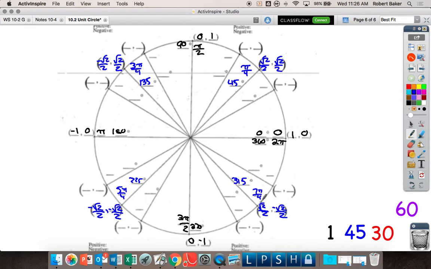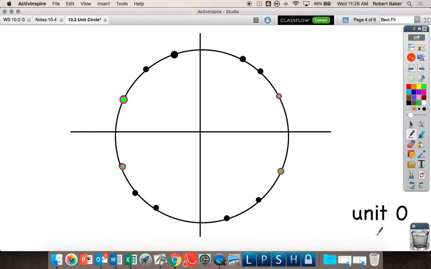Alright, I'm going to go with 30 degrees next. So 30 degrees is this small measurement from the origin to the first dot. This is a 30-degree angle. That has to be 60. You have to know what the hypotenuse is.